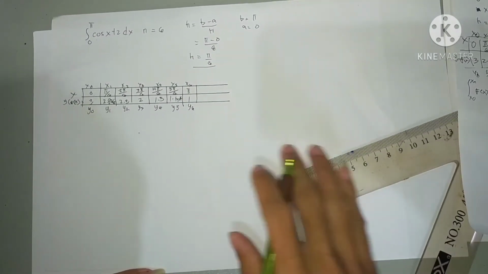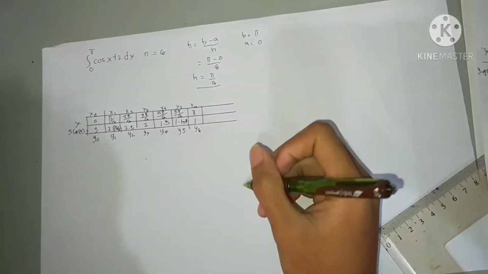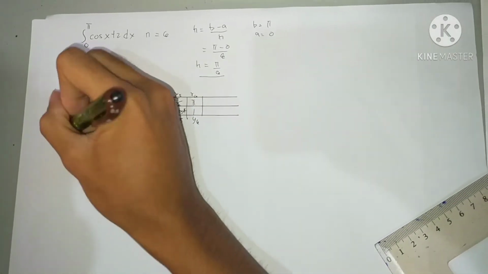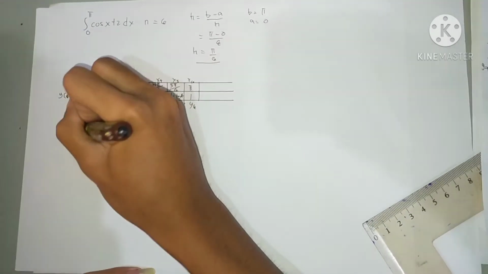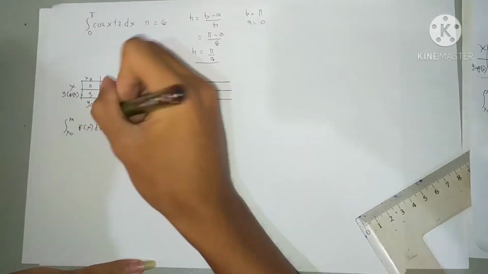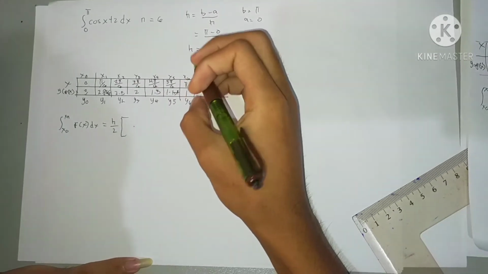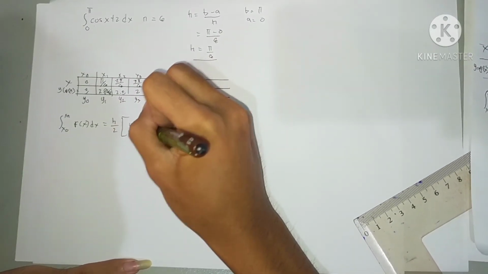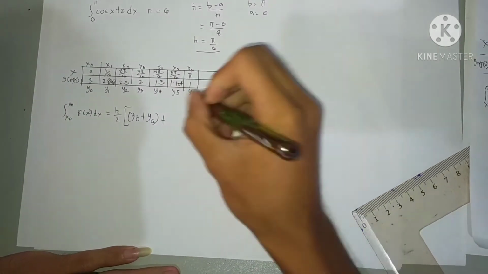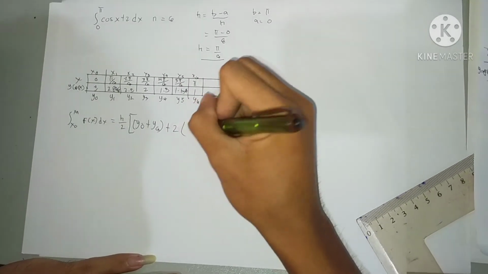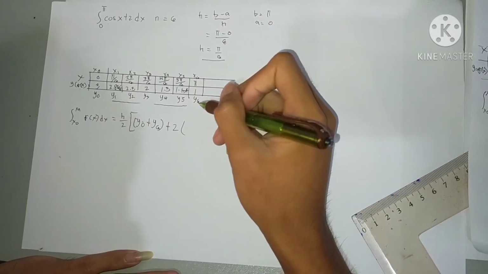The next step, you need to put the formula of the trapezoidal rule. The formula is the integral from x sub 0 to x sub n of f of x dx equals h over 2, then y sub 0 plus y sub 6, plus 2 times the 4 terms between the first and the last term.